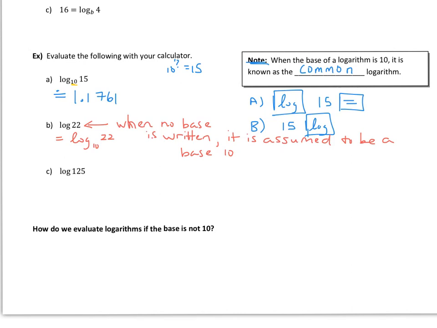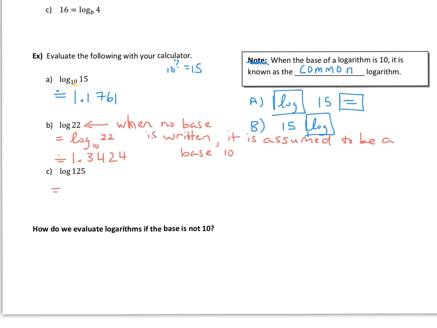So when you put 22 in your calculator, log for me, because I've got the older calculator, I get 1.3424 approximately. It kept going, but that's roughly what it is. So 10 to the exponent 1.3424 should give you an answer of 22. The last one, 125, hit the log button.